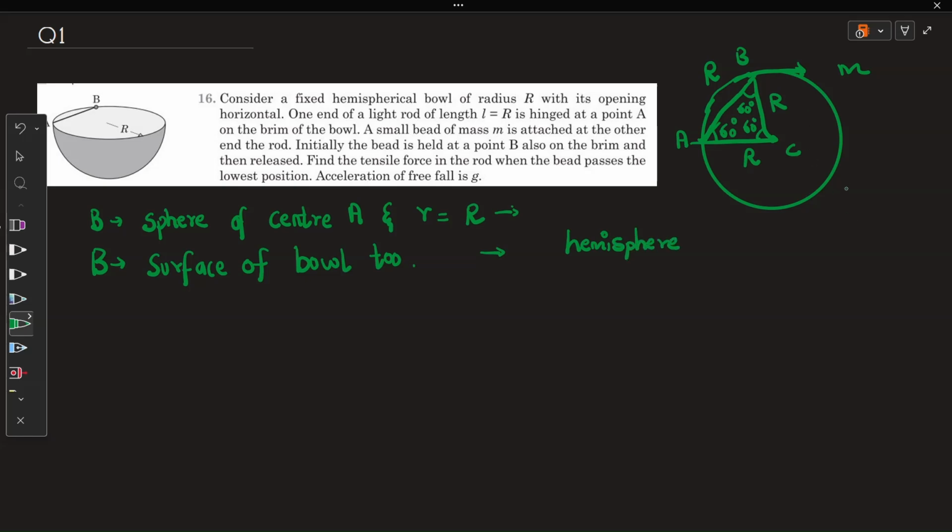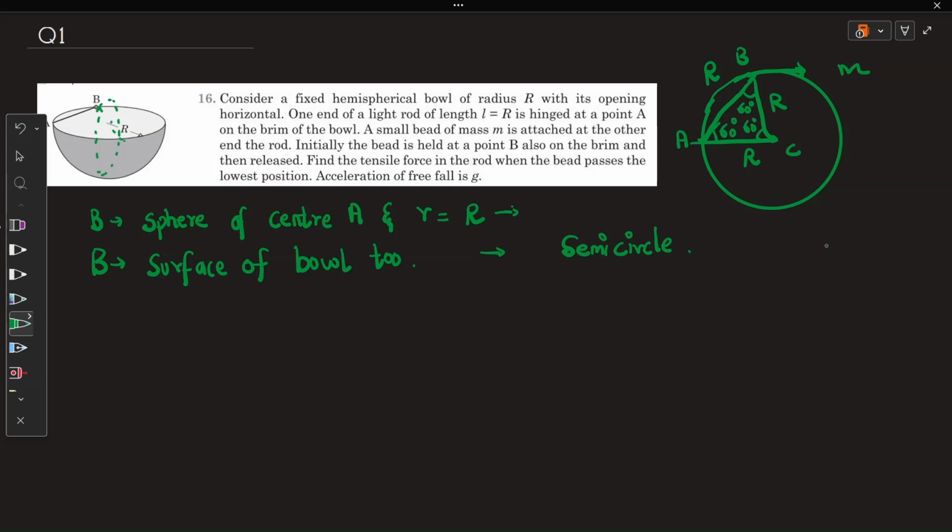If I see from the side, the intersection would be a hemisphere, actually, not a hemisphere, sorry, it's a semicircle. Semicircle out here, and I'm just drawing a circle, and a part of it is what the motion would be.